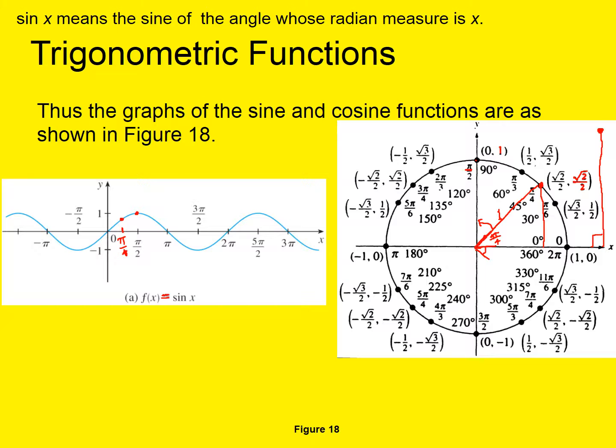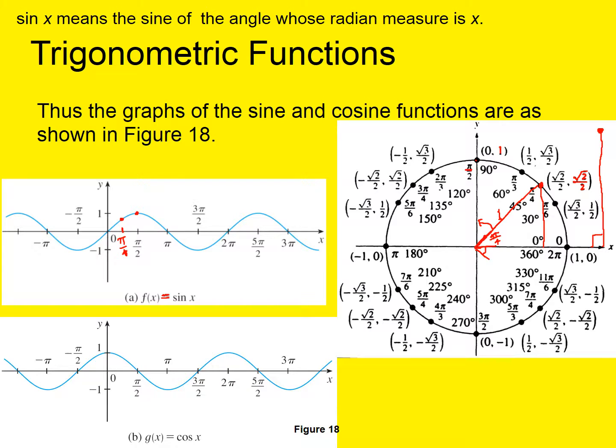We could do something similar to get a graph of y equals cos x, the cosine. And so these graphs, these are elementary. We memorize them. And of course, one is just the shifted version of the other. You can tell by the shape.